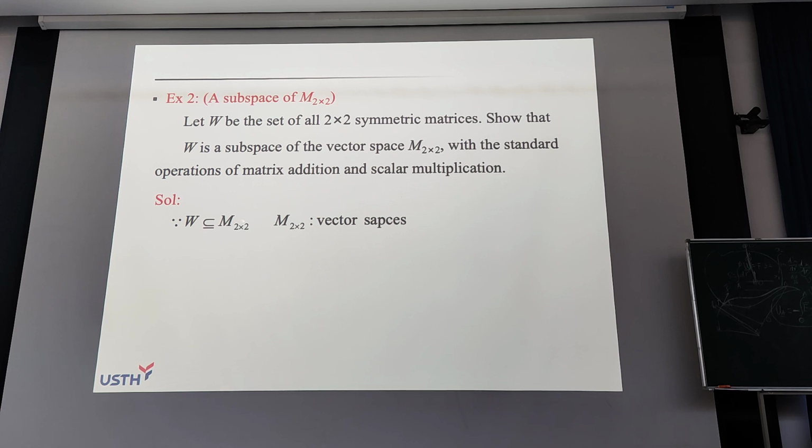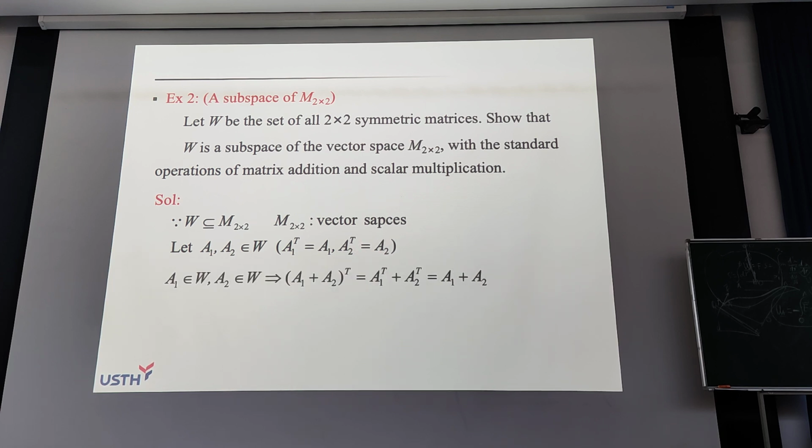Here W is non-empty inside M2 by 2. Suppose that A1, A2 are two matrices inside W. Inside W means A1 and A2 are symmetric. Symmetric means it equals its transpose, so A1 equals A1 transpose, and A2 equals A2 transpose.